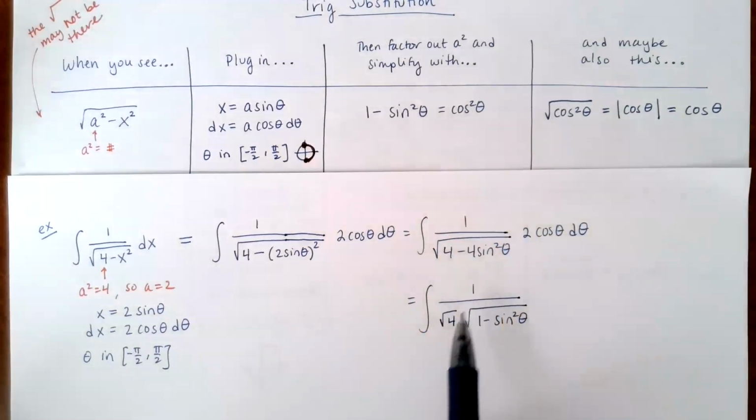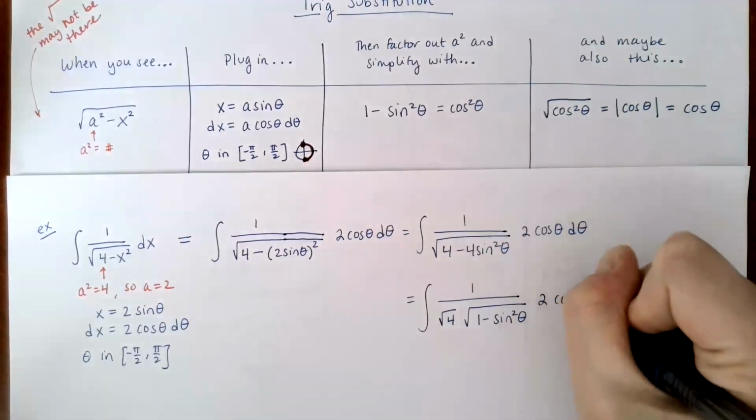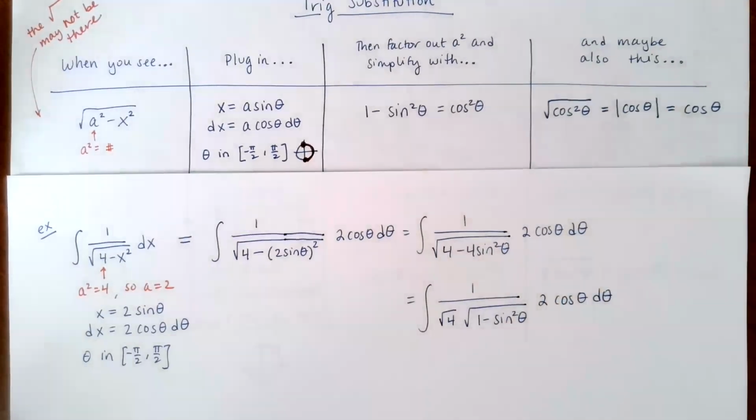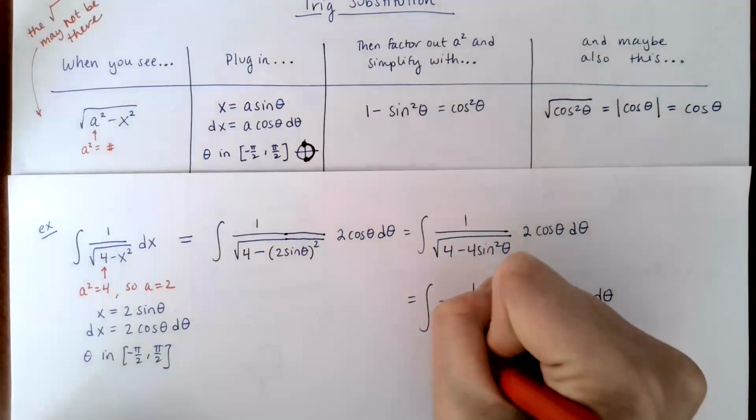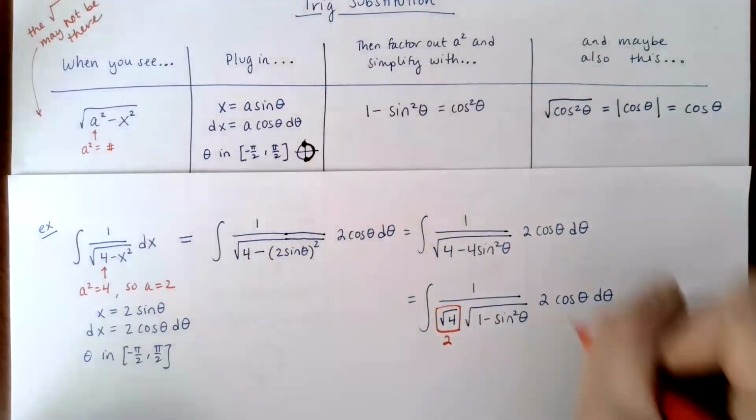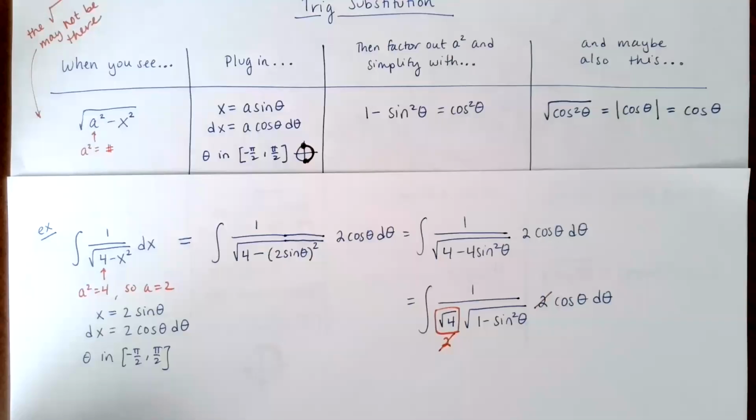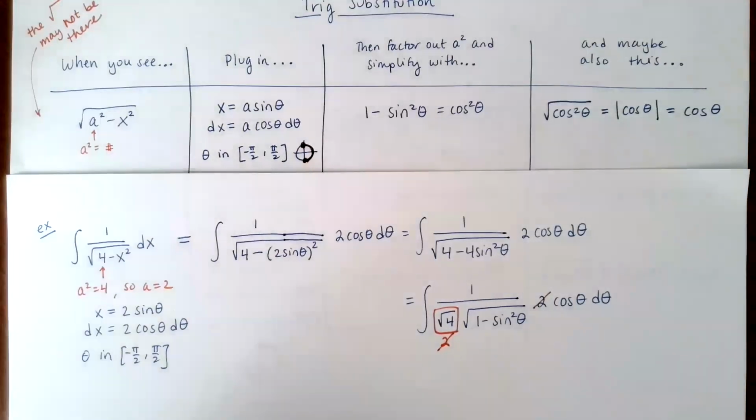Right, so square root of 4 times all that under its own square root. 2 cosine theta d theta is still on the outside. This one ends up simplifying especially nice because this square root of 4 is 2, and that perfectly cancels with this 2 over here. So in the next line, the 2 and the root 4 are just going to completely disappear.